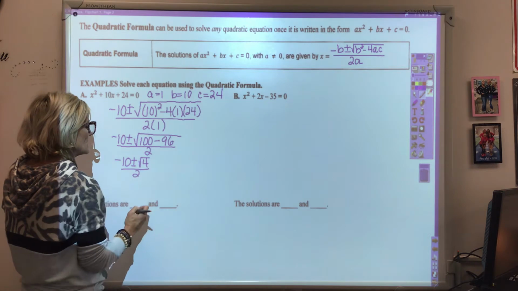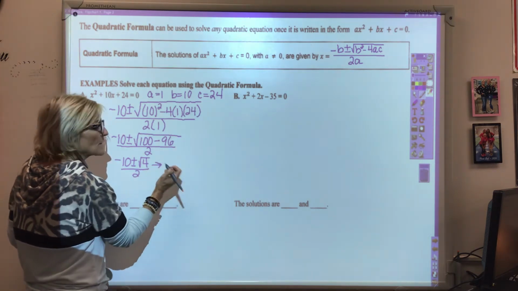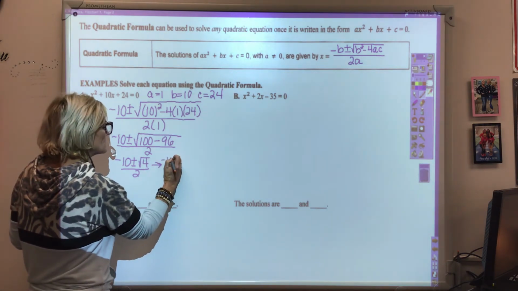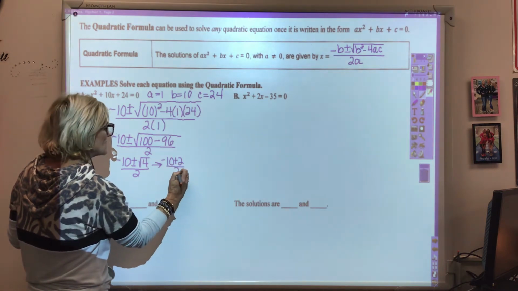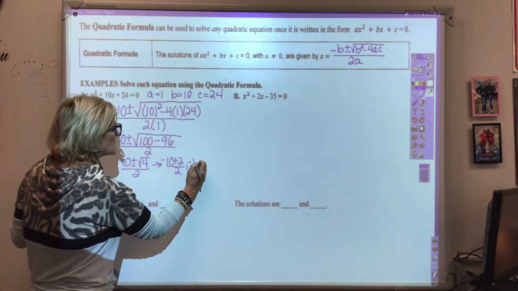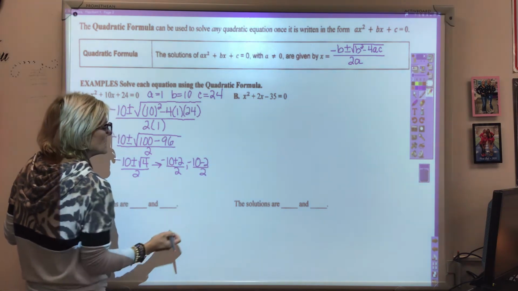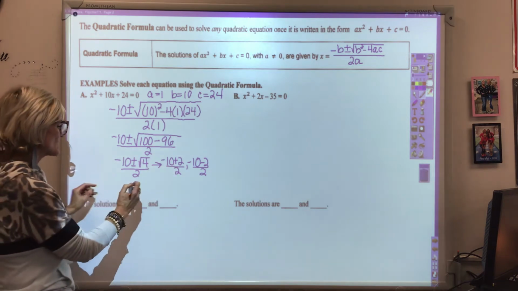Well, the square root of 4 is 2, so our two solutions are going to be based on the following. Negative 10 plus 2 over 2, and negative 10 minus 2 over 2. Well, the first one would be negative 8 over 2, which is negative 4.